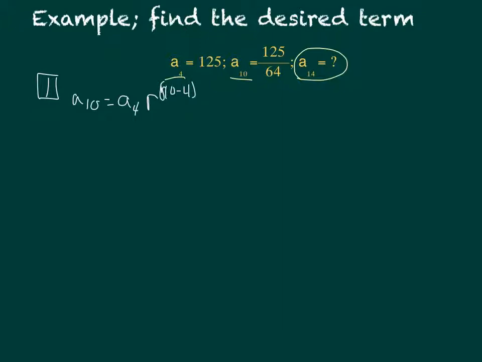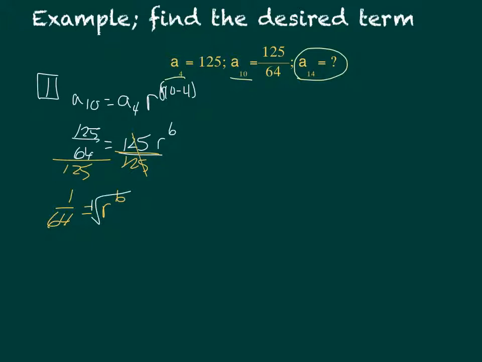So that's going to be my a sub 10, which is 125 over 64, equals my a sub 4, which is 125, times my r, which I don't know, to the power of 6. So I'm going to just solve this. Divide by 125. And if I divide that by 125, then I get 1 over 64 equals r to the 6th power. So if I want to solve this, I need to take the 6th root.